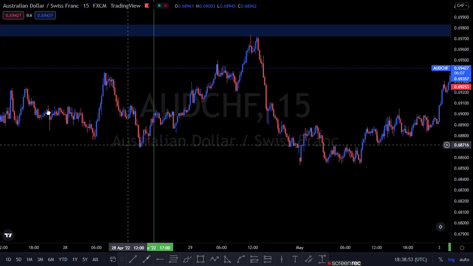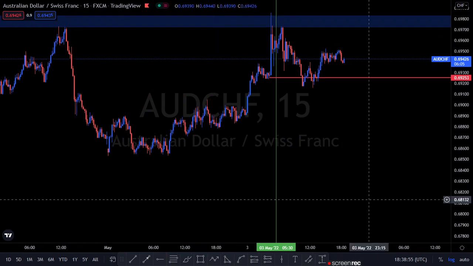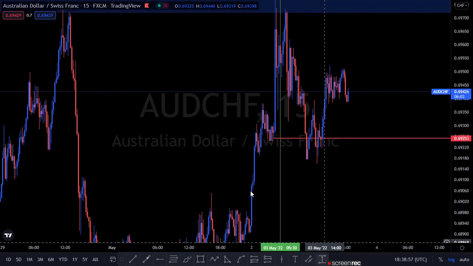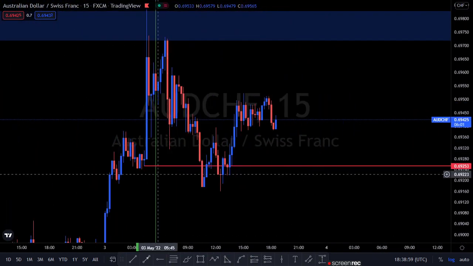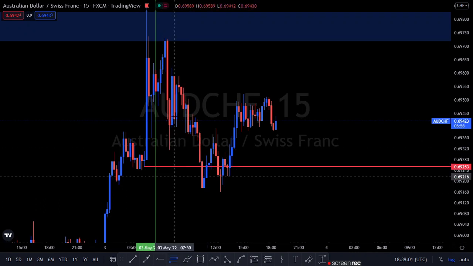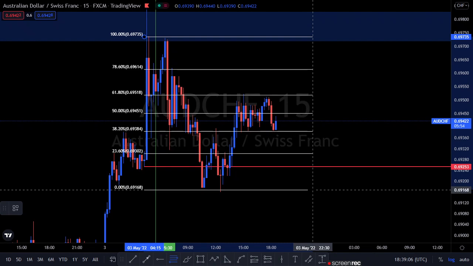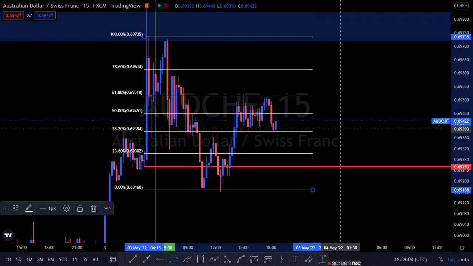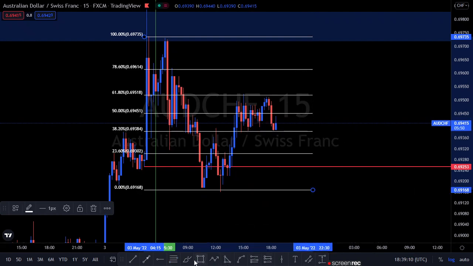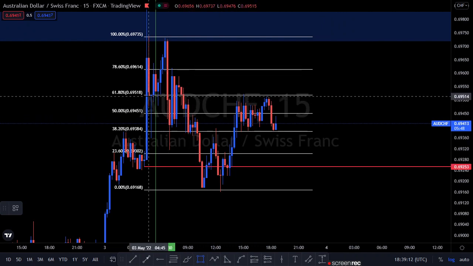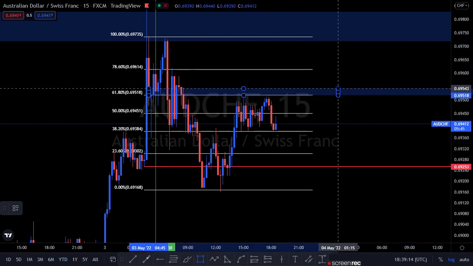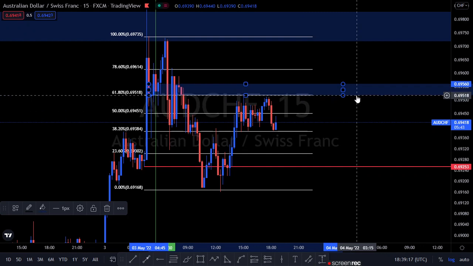On 15 minutes, we have this break of structure, and when you plot the Fibonacci from the high to this area, at the 61 here, there is a liquidity above, but we are not concerned right now. I will explain that later, but let's understand the confirmation entry first.